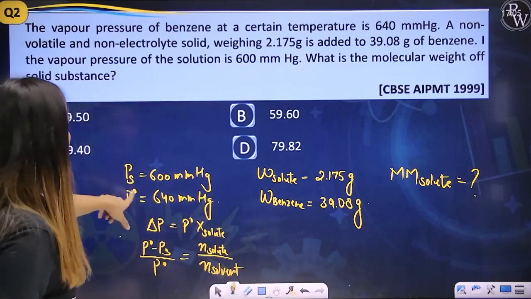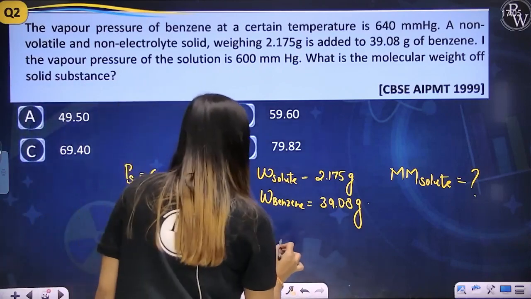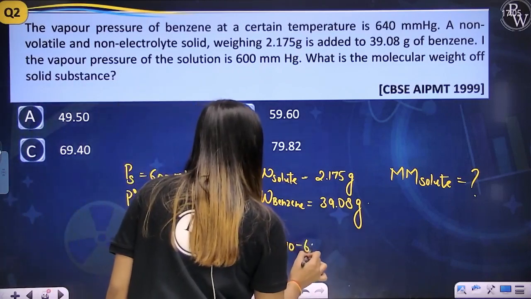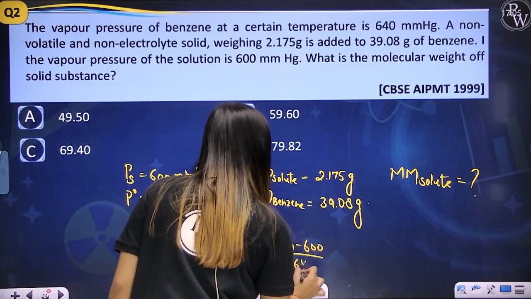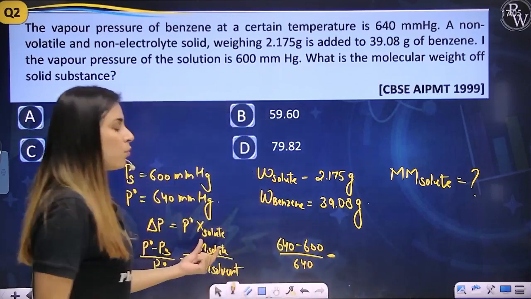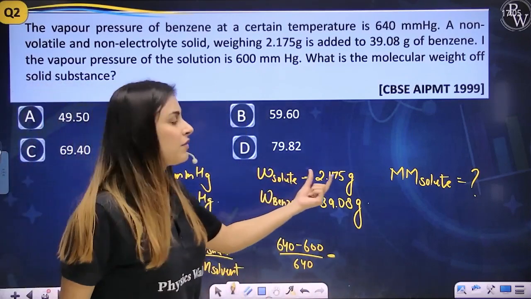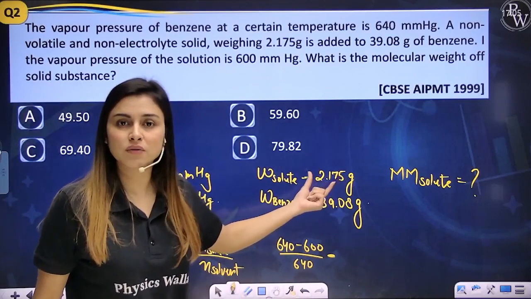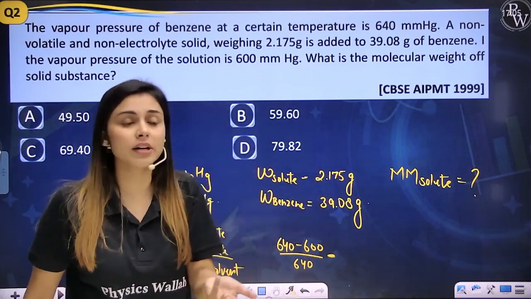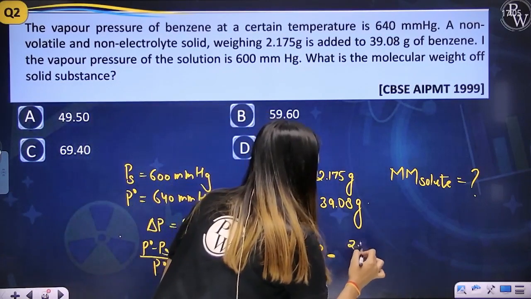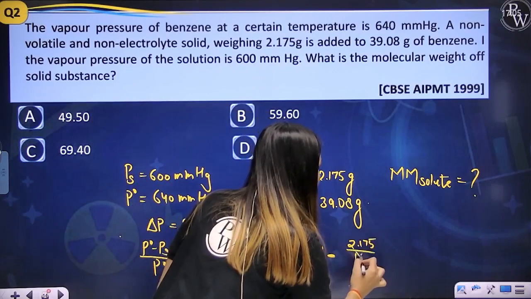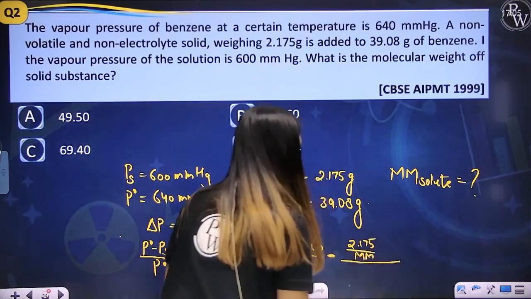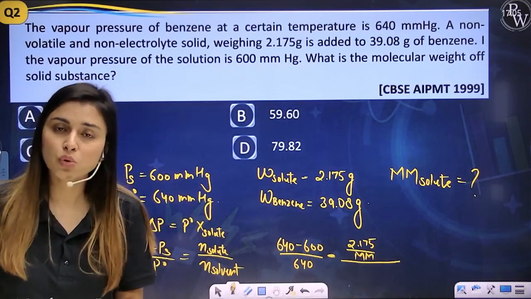You have P naught equal to 640, and PS equal to 600, so 640 minus 600 divided by 640. This will be equal to moles of solute. You have the mass of solute, 2.175, but you don't have the molar mass of solute, and that is what you have to calculate. So 2.175 upon molar mass of solute, divided by moles of solvent.